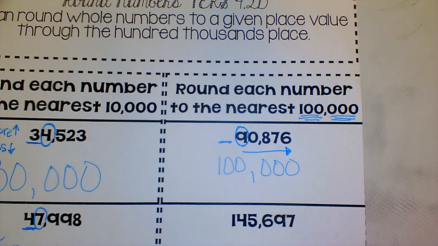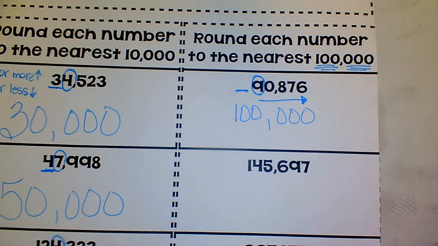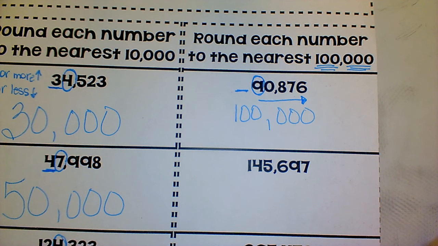Okay, Serenity, in our next example, 145,697. Which number am I going to underline to round to the nearest 100,000? Which digit is in the 100,000s place?